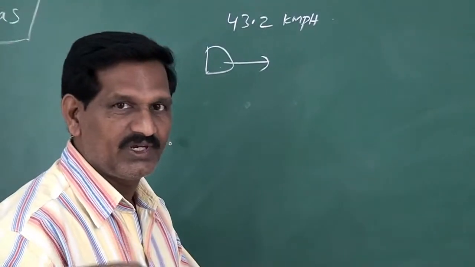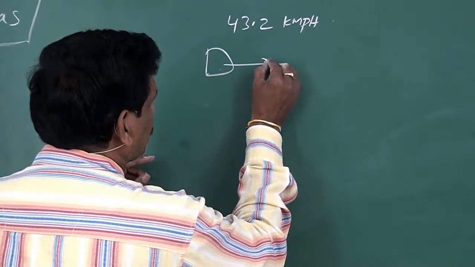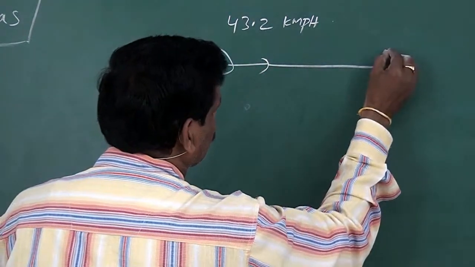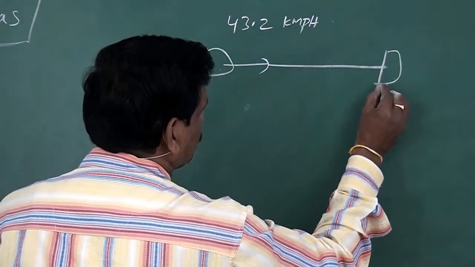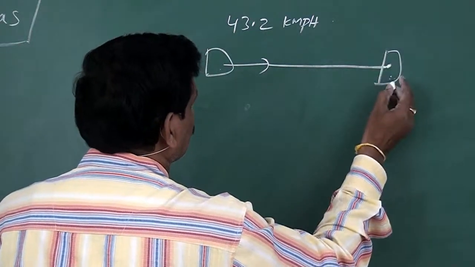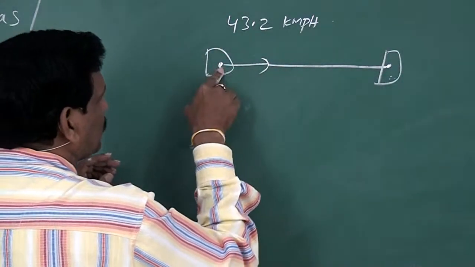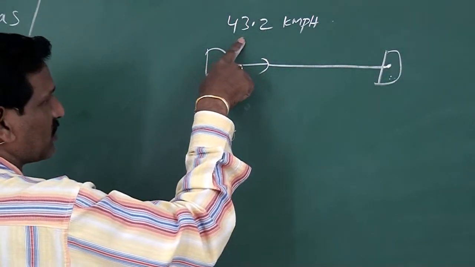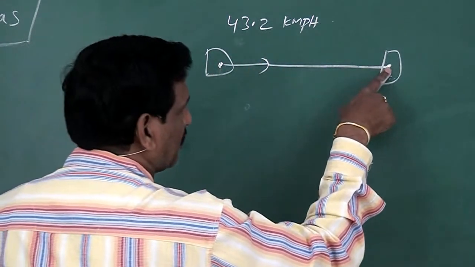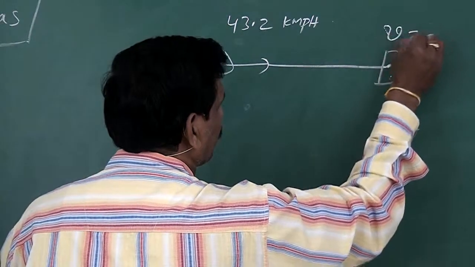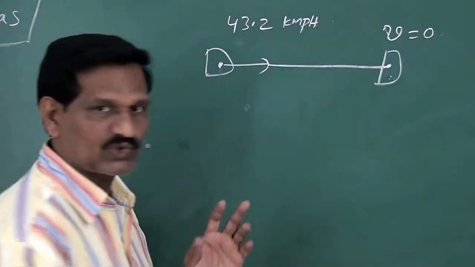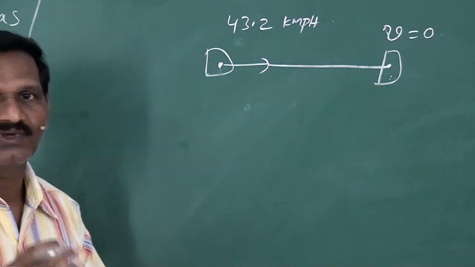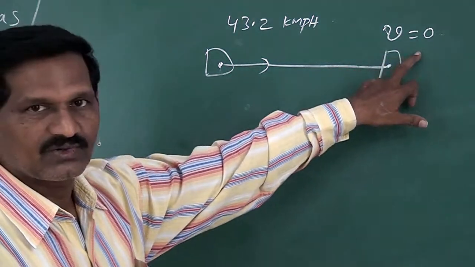Velocity decreases, speed decreases, and finally becomes 0. So this is the initial point of the journey, this is the final point of the journey. Hence the initial velocity is given and the final velocity becomes 0. Why? Finally the scooter stops, hence final velocity is 0.